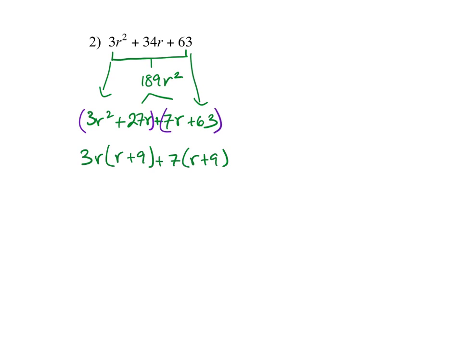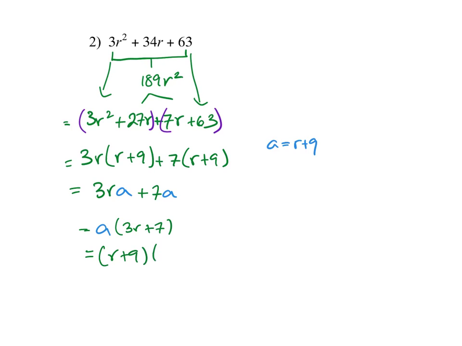So substituting a for r plus 9, I have 3r times a plus 7 times a. Factoring out the a, I have 3r plus 7, right? And now I'm going to put back my r plus 9. That's the factorization of that expression.